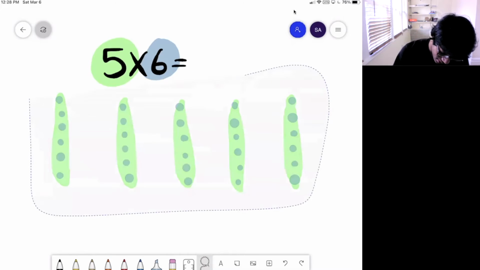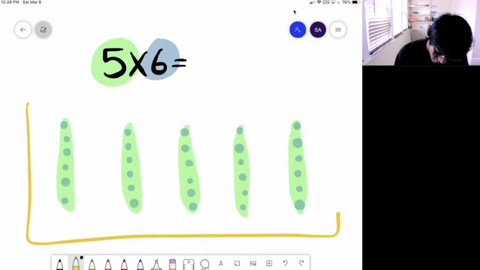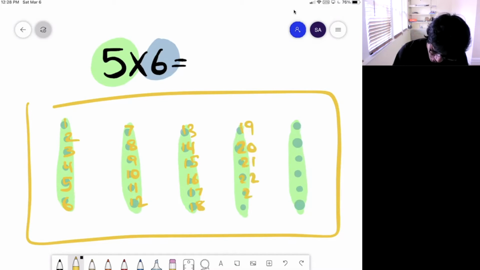Count up how many dots in this whole shebang. Well, let's do it. We have 1, 2, 3, 4, 5, 6, 7, 8, 9, 10, 11, 12, 13, 14, 15, 16, 17, 18, 19, 20, 21, 22, 23, 24, 25, 26, 27, 28, 29, and 30.